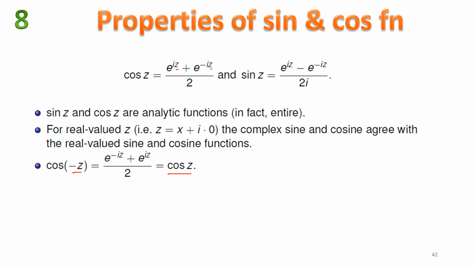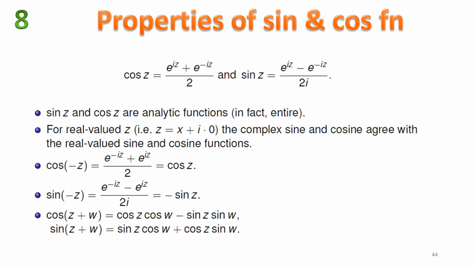So this function is a symmetric function, again like the real valued cosine function. Similarly, sine of minus z, by definition we shall replace z by minus z at every place, and we shall rewrite that, and here you will be able to realize that it is minus sine of z, so it behaves in a similar way as it behaves in the real domain.